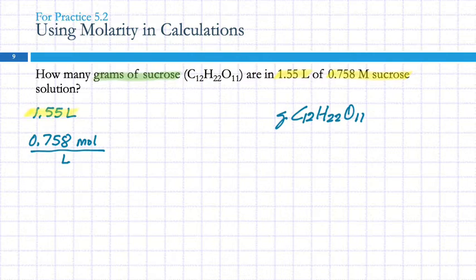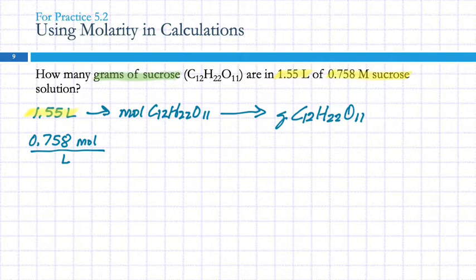So now we come up with a path. How am I going to get from volume of solution to grams of sucrose? Just like with stoichiometry, there's often going to be moles in the middle. I can go from liters of solution to moles of sucrose using this concentration. Can I go from moles of that to grams? Yeah, I just need the molar mass, which they didn't give me, but I have a periodic table and a calculator.